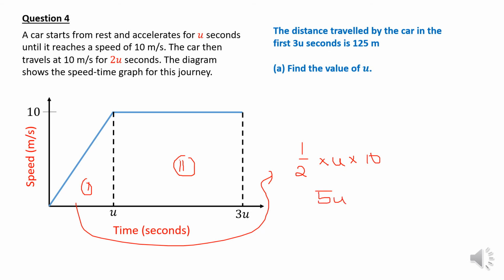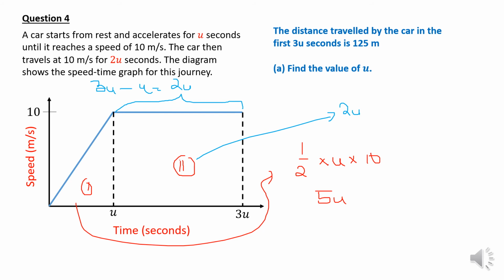And if you do the one for the rectangle, the area of the rectangle is going to be nothing but the length, which is, remember, 2u. That is the distance from here all the way up to here. The way you find it is you say 3u minus u.